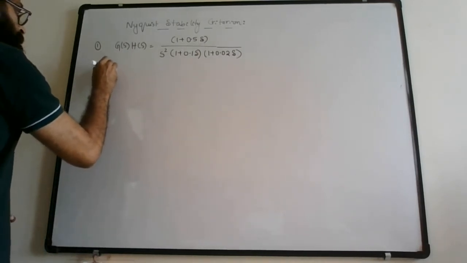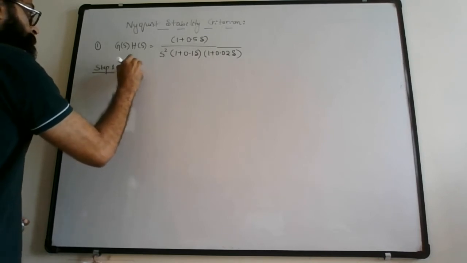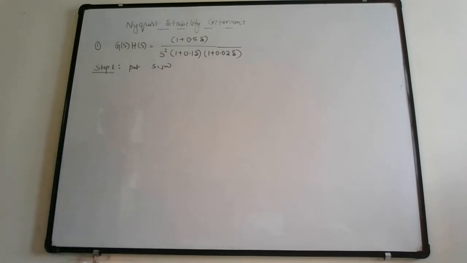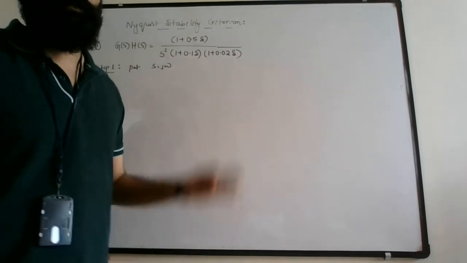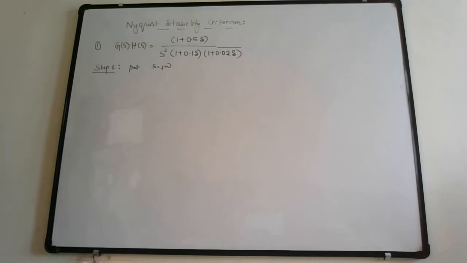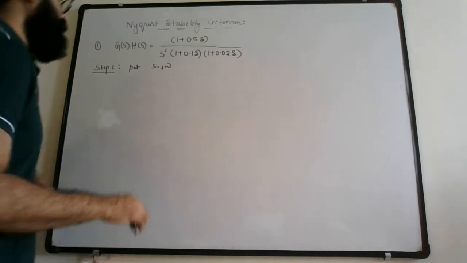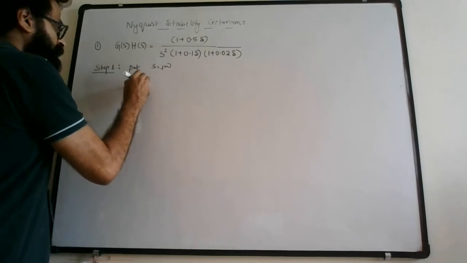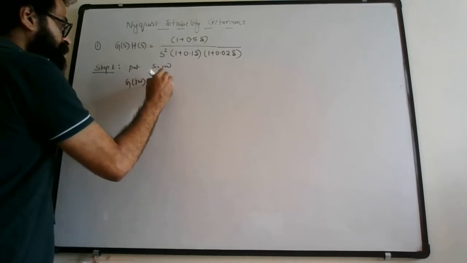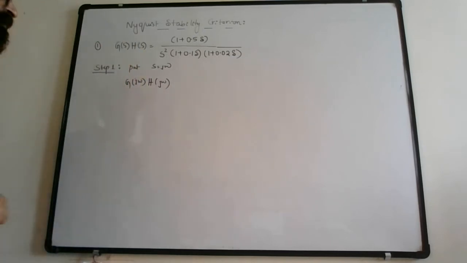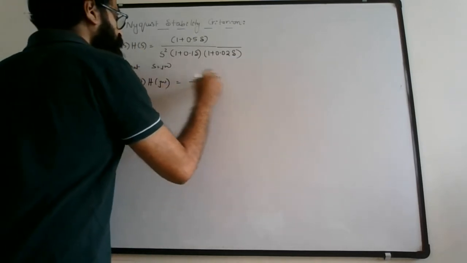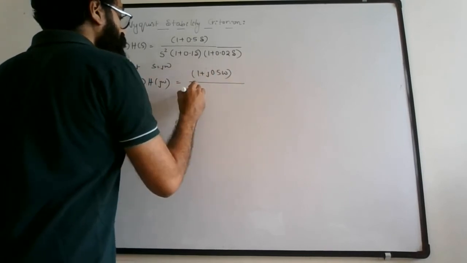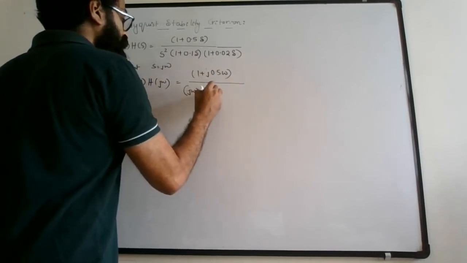Step 1: put s equal to j omega. For theory also, you can write these steps as the explanation for the Nyquist stability criterion. So put s equal to j omega. What do you get? You get the open loop transfer function in the frequency domain equal to 1 plus j 0.5 omega, over j omega into j omega.